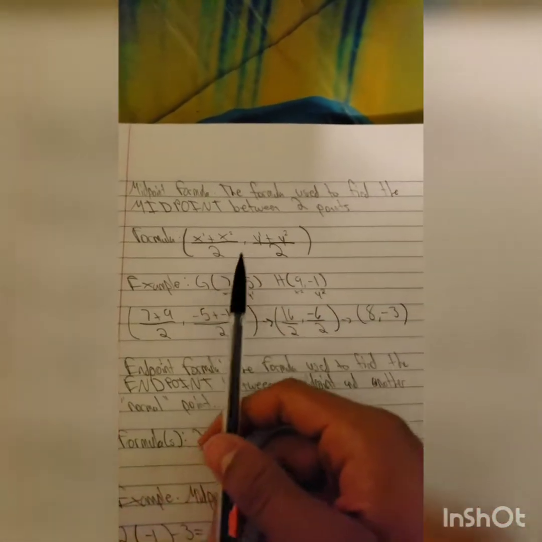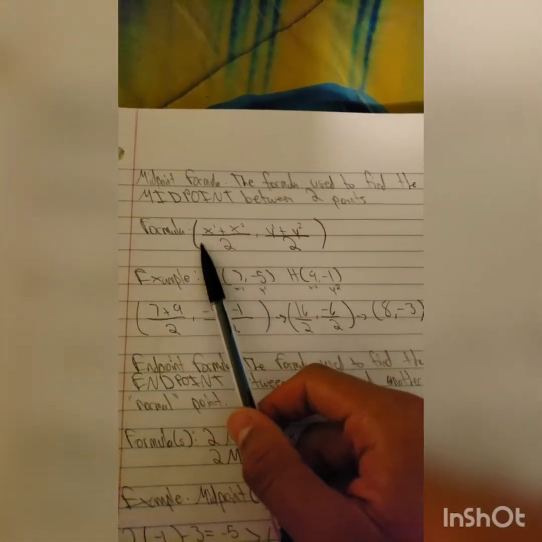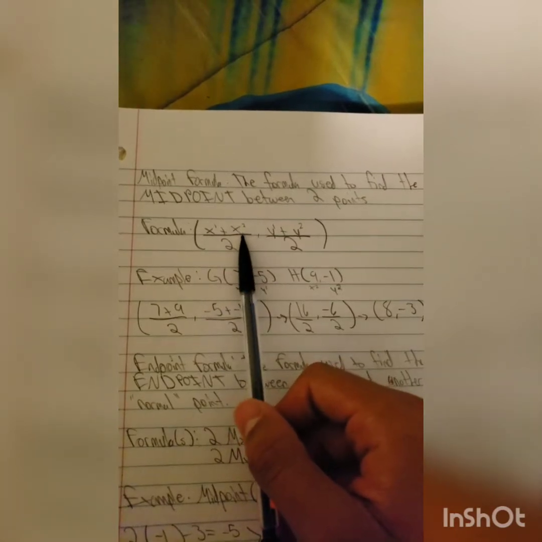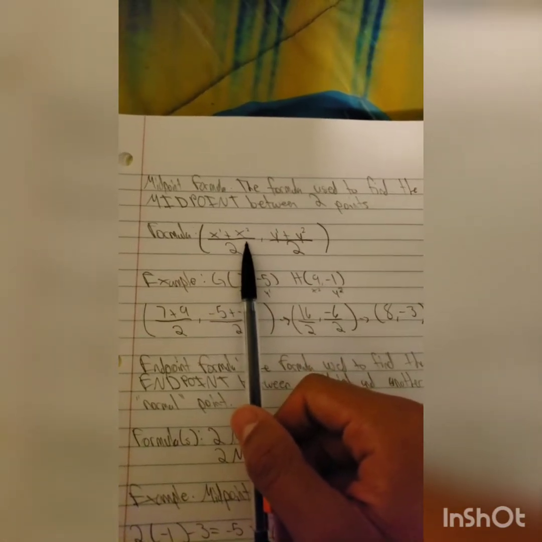Okay, so now we're at the midpoint formula. This is a formula used to find the midpoint between 2 points. So for here, the formula is, in my opinion, way different. You get the x from point 1 and the x from point 2, add them together, and then divide by 2. Same thing with y.